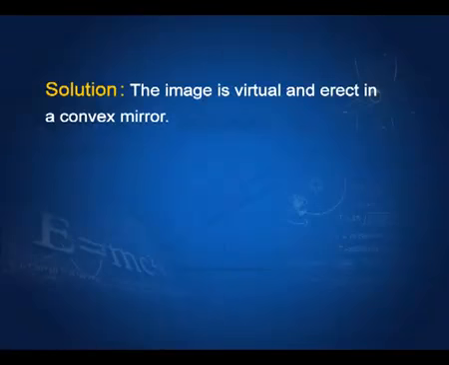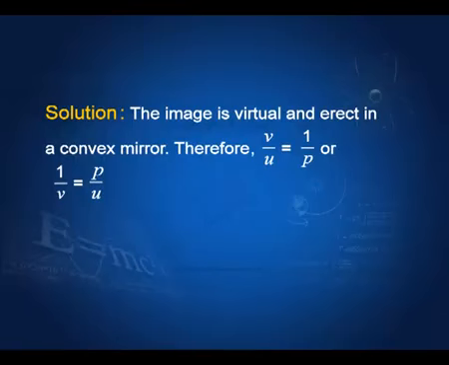What is given? The image is virtual. The image produced by a convex mirror of focal length f is 1/pth of the size of the object. The image is virtual and erect in a convex mirror, always. We have done that so many times, that the image in a convex mirror is always virtual and erect. So, therefore, v by u in this case is positive, that is magnification is positive, because the image is erect, it is in the same direction as the object.